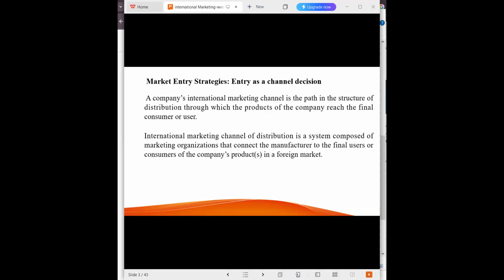Let me use another example, just like here in Nigeria. I have a manufacturer with a product I want to distribute to the market. So I have to make use of wholesalers, and I have to make use of retailers. When I say retailers, I'm referring to supermarkets, companies or hotels, certain companies that sell products, universities and all those ones.